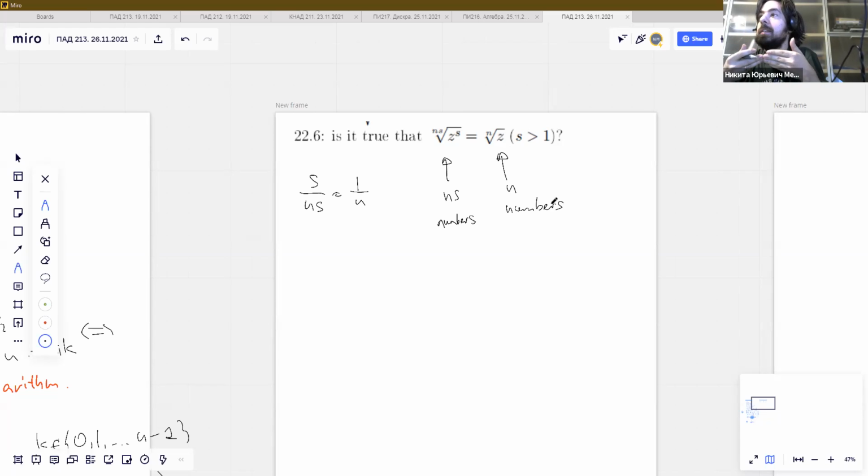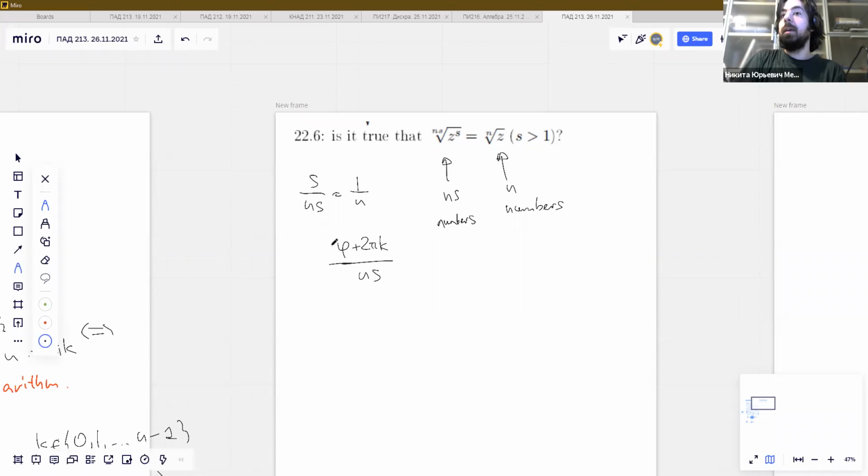Those things can't be equal as sets. They have different number of objects inside. It's not possible. And indeed, this was a trick when you said about S and NS. I interrupted you so that you get confused. But in fact, if you write the formula, then in the cosine, you will have something like phi plus 2 pi k over ns.